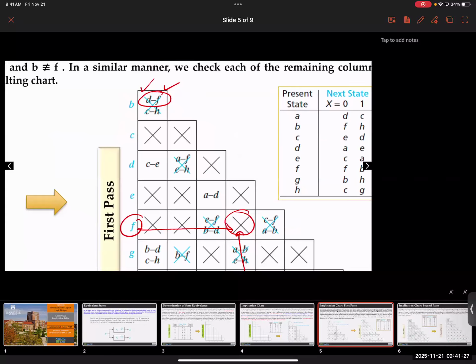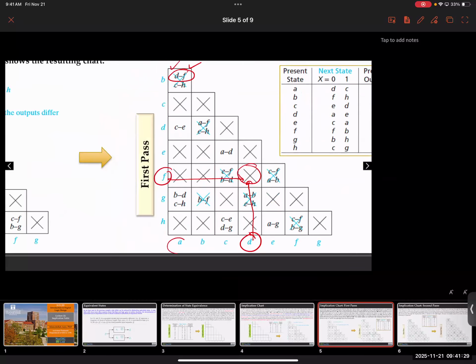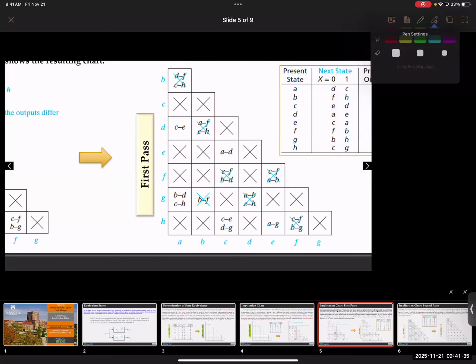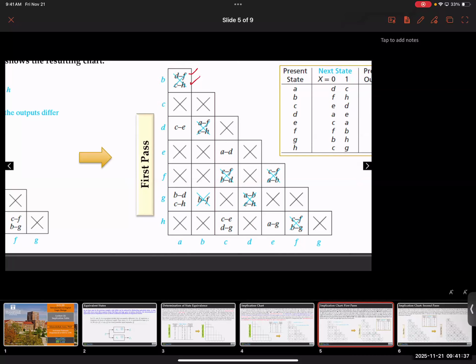And I was saying that A and B will be equivalent if D and F are equivalent and C and H are equivalent. And by the way, both of them have to be equivalent. But one of them is not equivalent already. So you say that, hey, there is no chance this is going to work. You just cross it out. You can check both or one. Even if one of them is crossed out, the entire box is crossed out. Because it is AND. You need both of them to work.